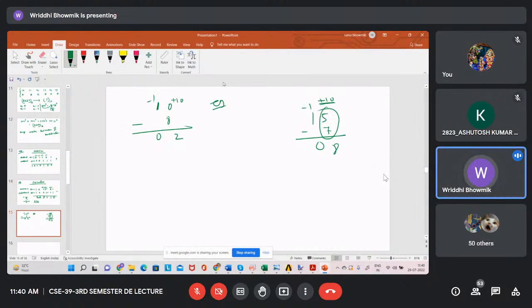Now the multiplication. Very simple. It is the multiplicand, 1011, and then you have 101. So this is the multiplicand and this is the multiplier.